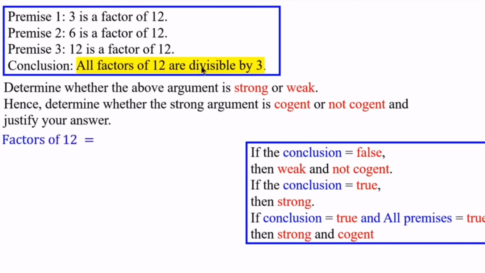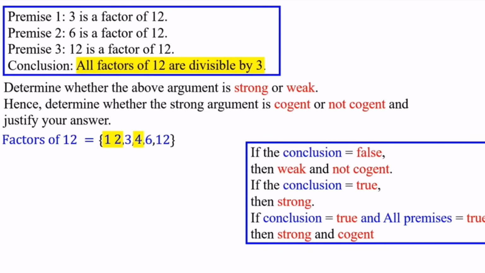Let's list out all the factors of 12: 1, 2, 3, 4, 6, and 12. Out of all these factors, are they all divisible by 3? No, 1, 2, and 4 are not divisible by 3. So the conclusion is false because not all the factors are divisible by 3.